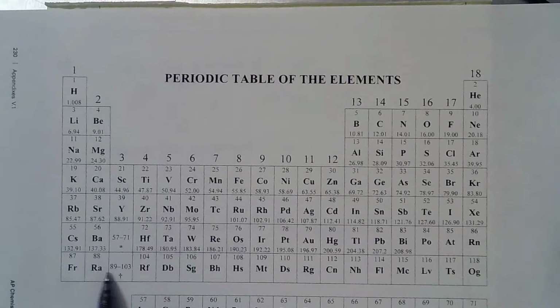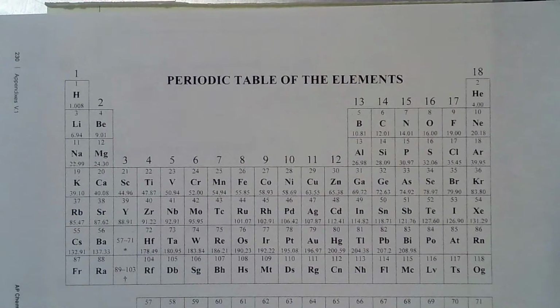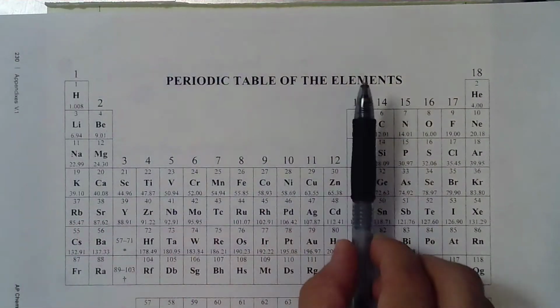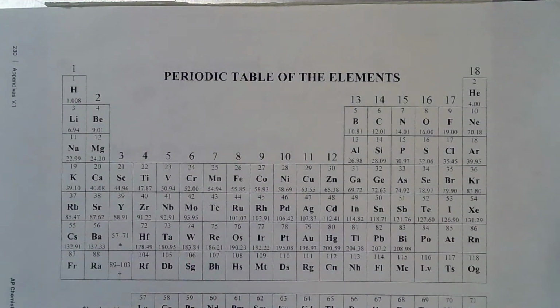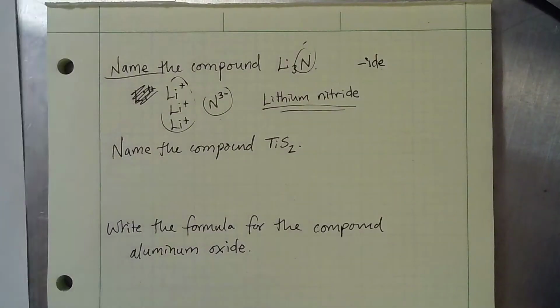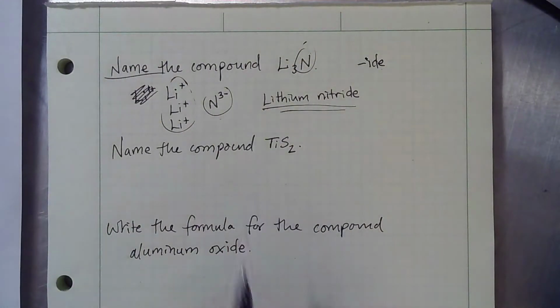You cannot do that for transition metals or the lanthanoids and actinoids down here. You can for the main group elements, which are group 1, 2, 3, 4, 5, 6, 7, 8, right? The main group elements. So let's not talk about titanium just yet.